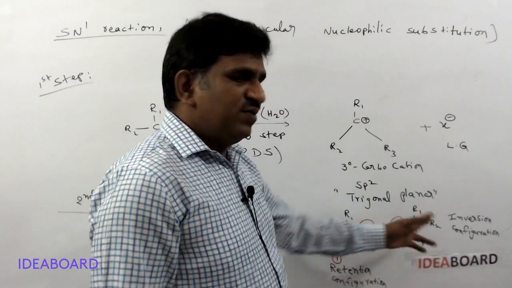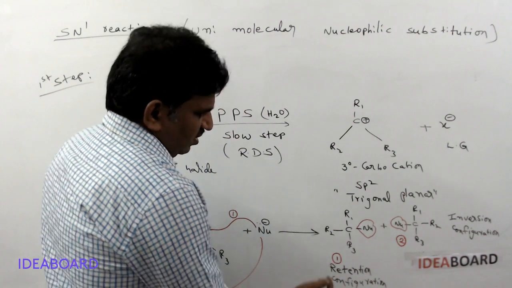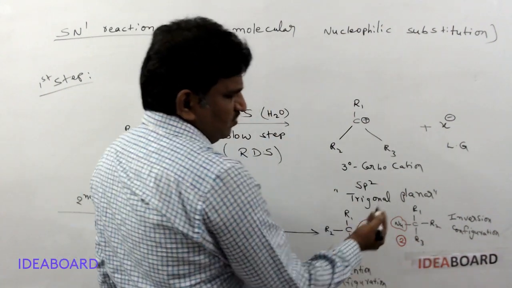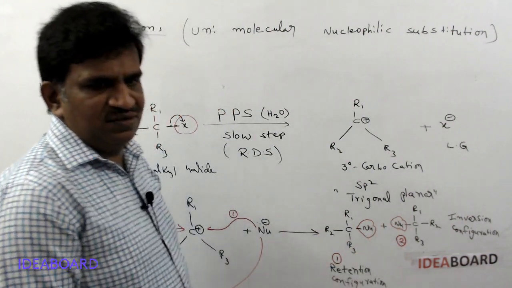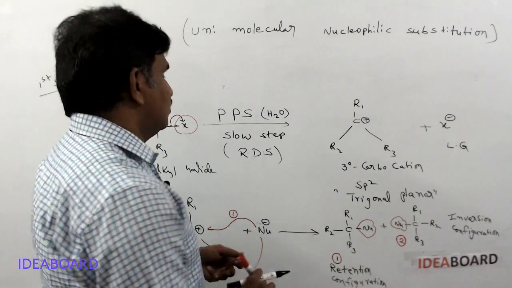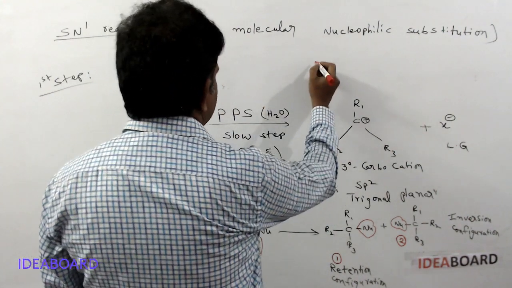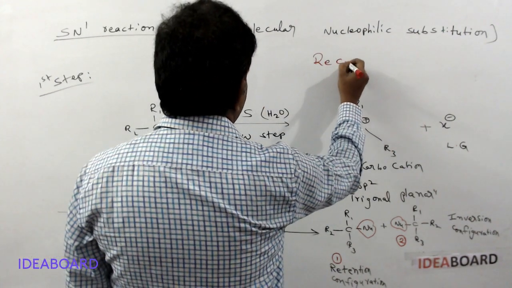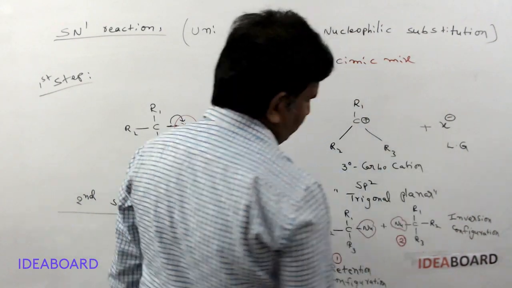These are non-superimposable mirror images, called an enantiomer pair, or simply a racemic mixture. So the final product in the SN1 reaction is a racemic mixture.